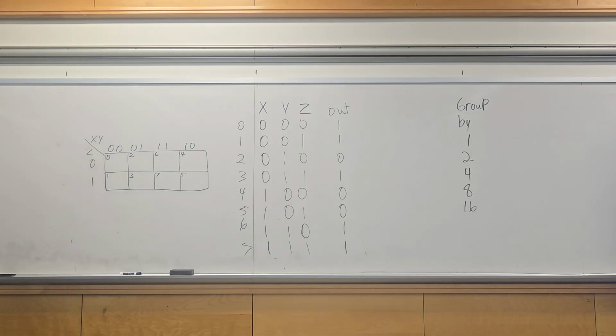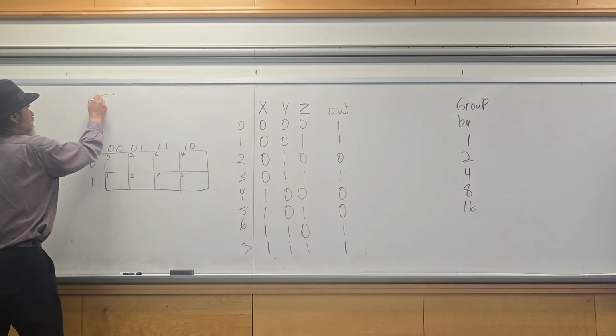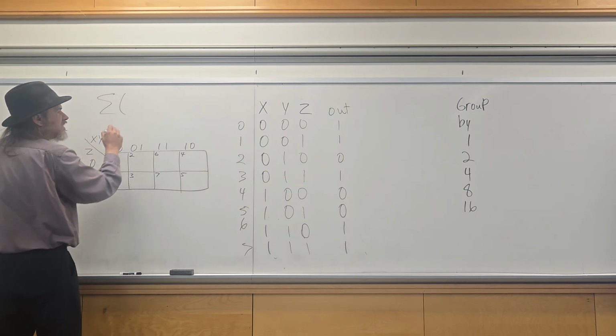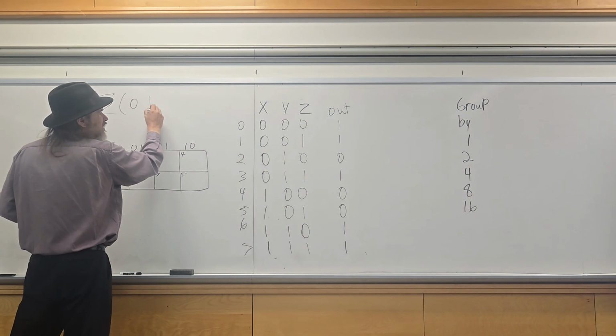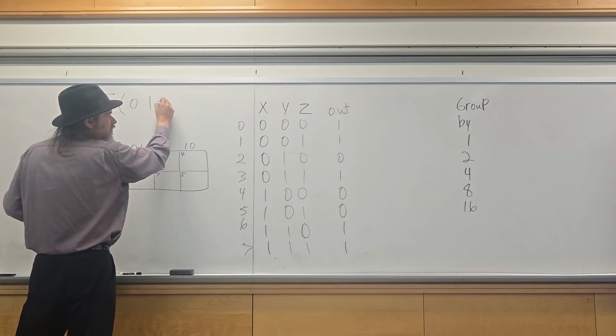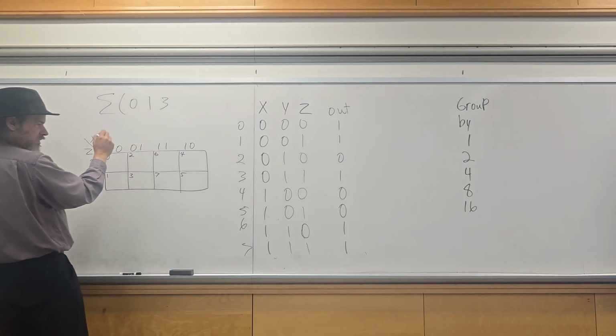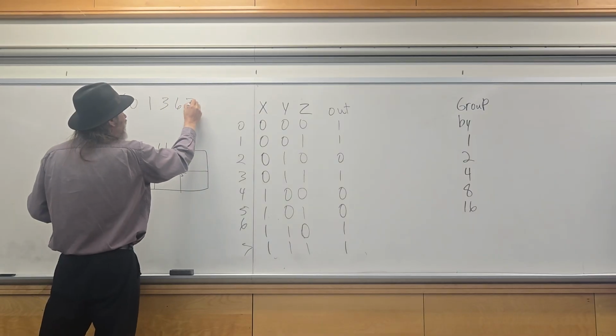So this might be presented to you as a sum of 0, 1, 3, 6, 7.